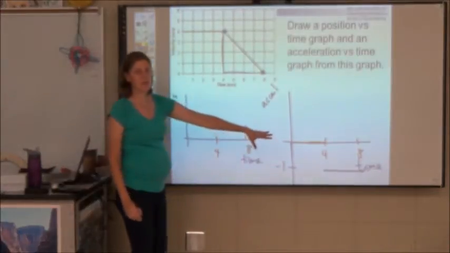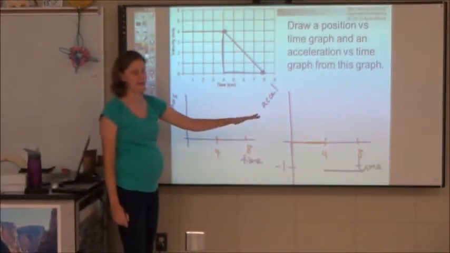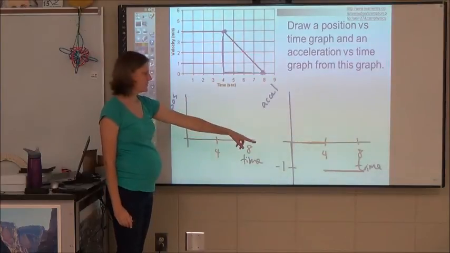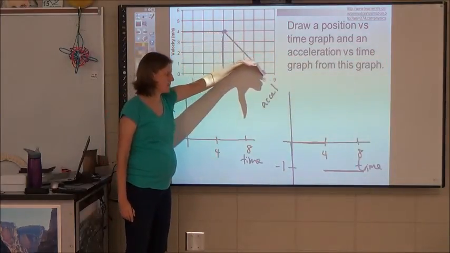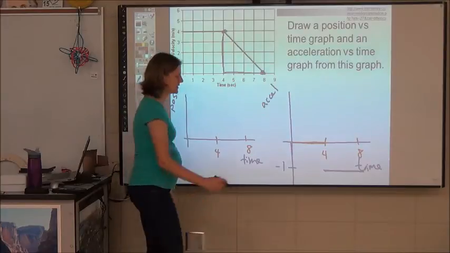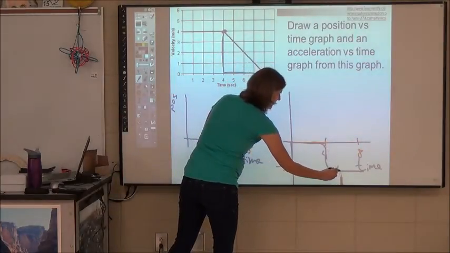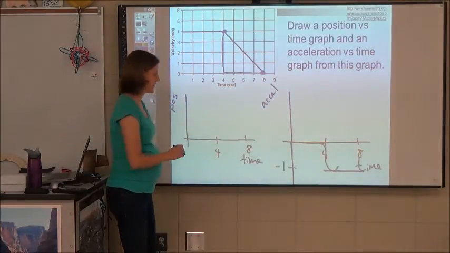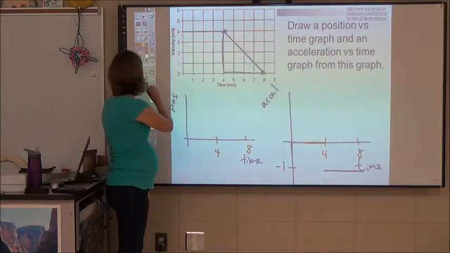And like I said, acceleration graphs for us are just going to be flat lines, little step functions. So this entire time, the acceleration is negative 1. Yes, real life, kind of curve it out a little bit, but that is our acceleration graph. Done.